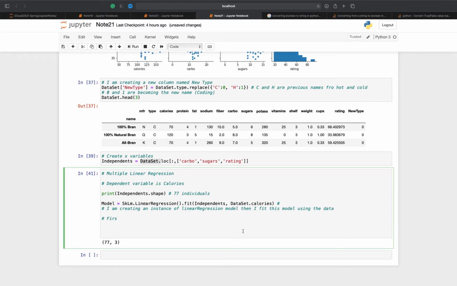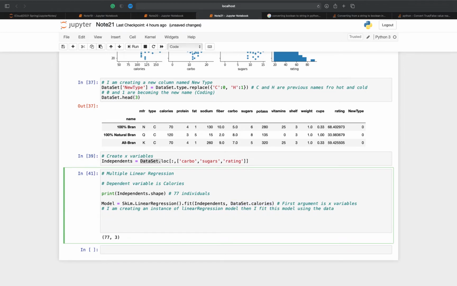First, actually I want to write this down here. First argument is X variables, and then the second argument, as you know, is the Y variable.